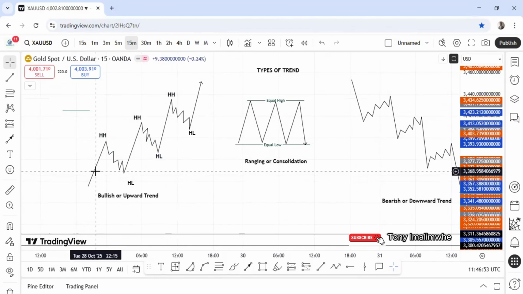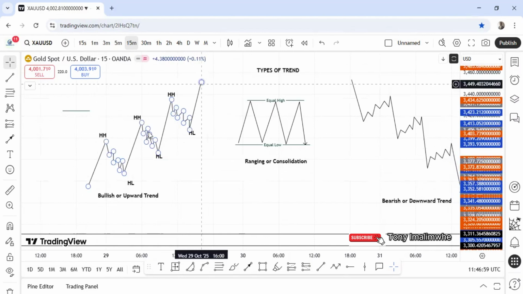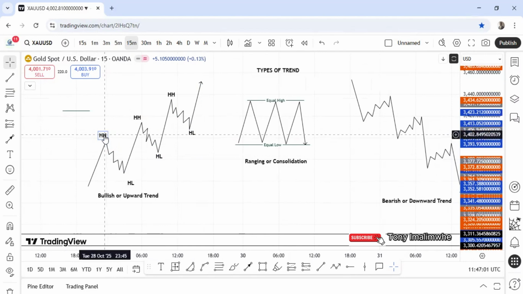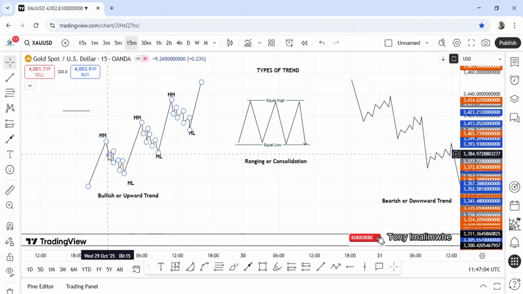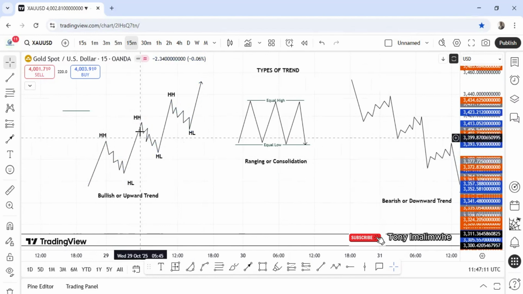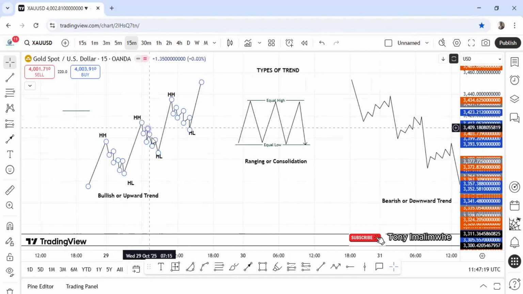And in this trend, the price momentum is usually to the upside. You see a fast movement of price to the upside, and then the price will now pull back slowly to a certain level and then move impulsively to give another high, then pull back or retrace or correction.